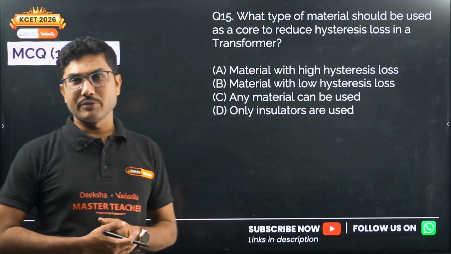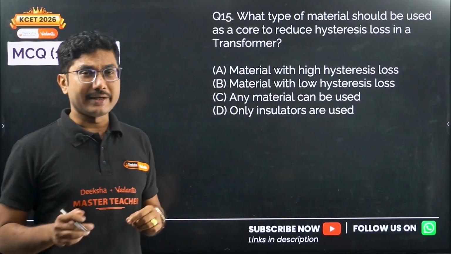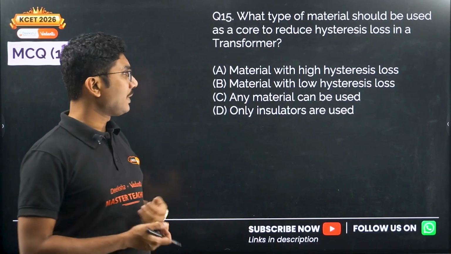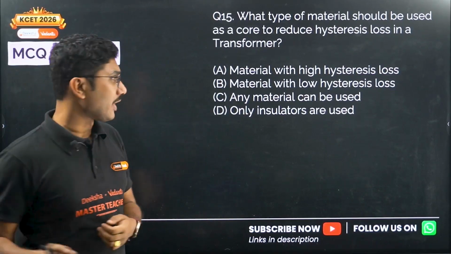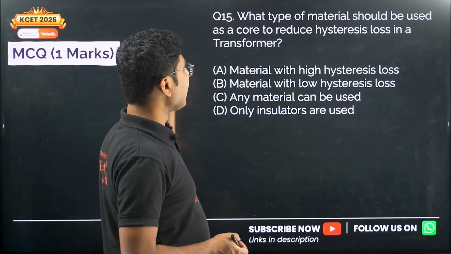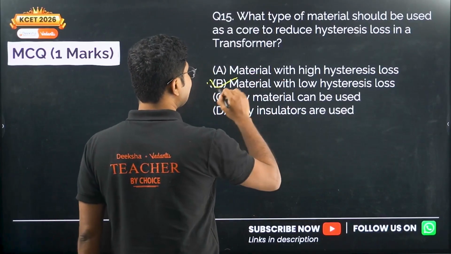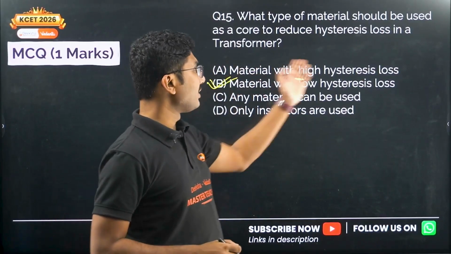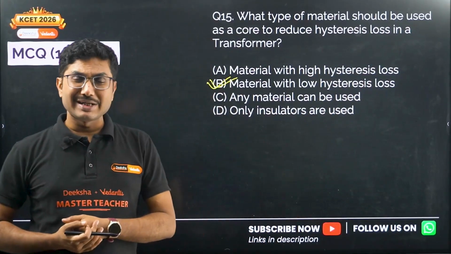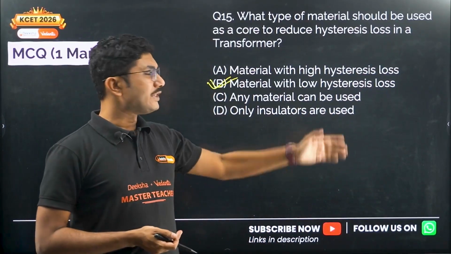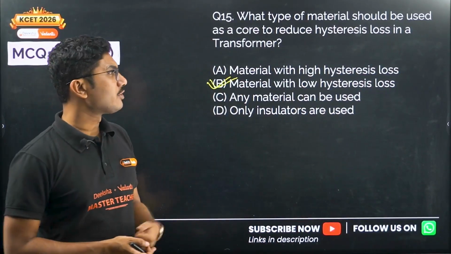To reduce it, you have to use a soft magnetic material. Example is soft iron. So any material with low hysteresis loss should be used. A material with high hysteresis loss, for example steel, is not used; we generally use materials with low hysteresis loss, that is soft iron.